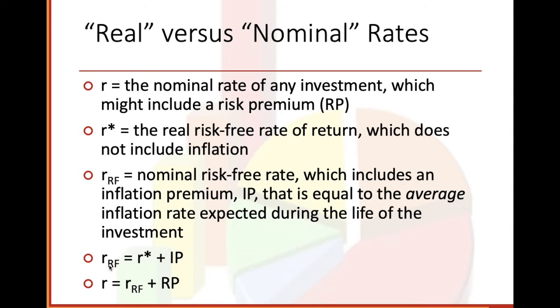So R sub RF equals R asterisk plus IP. And if we look at it a little more closely, R equals R sub RF plus RP. So that looks at it real versus nominal rates.